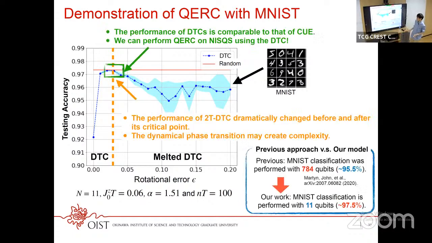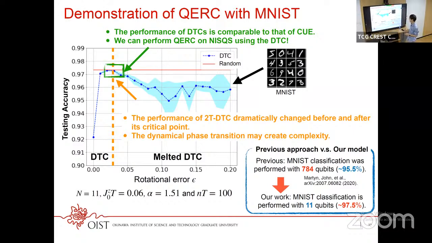As you can see, at the critical point, the performance of DTC is comparable to that of the random one. It tells us that QRC using natural dynamics has almost the same power as the random matrix, so it can perform on NISQ devices using DTC.